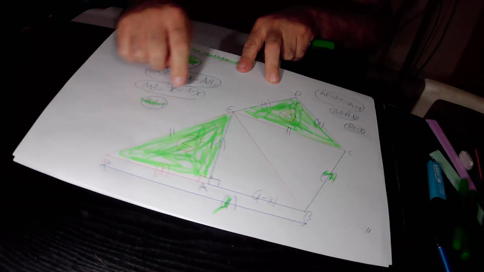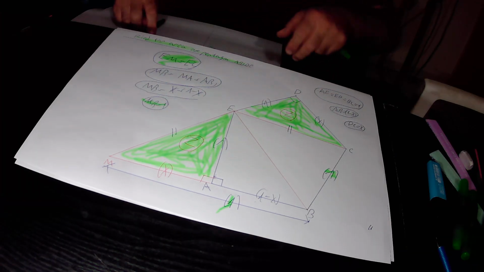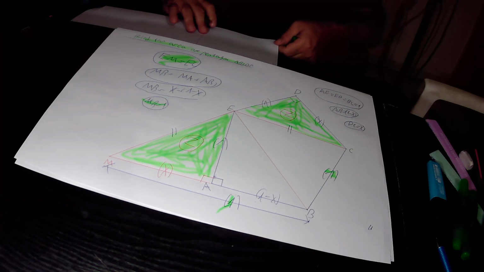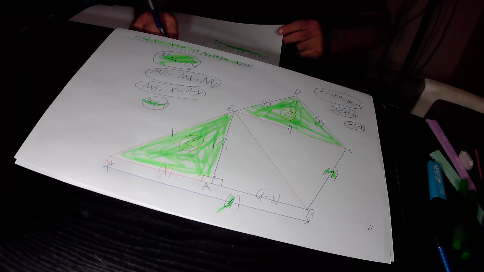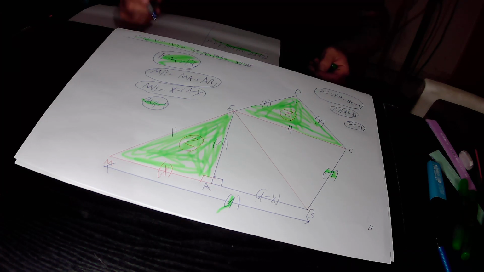So what is the area of the big quadrilateral EMBC? The area of the big quadrilateral EMBC must be equal to the sum of the areas of the two shapes that it consists of.